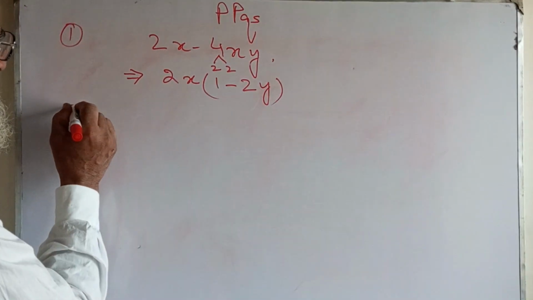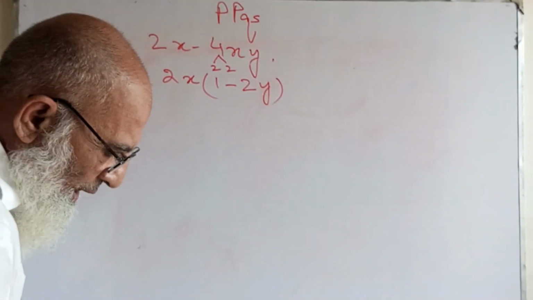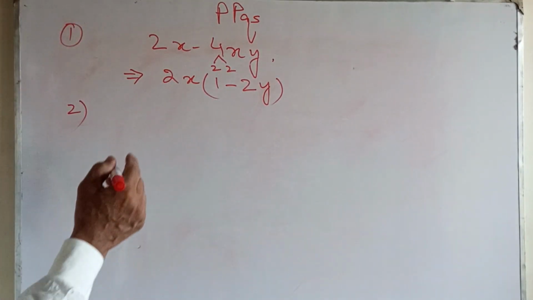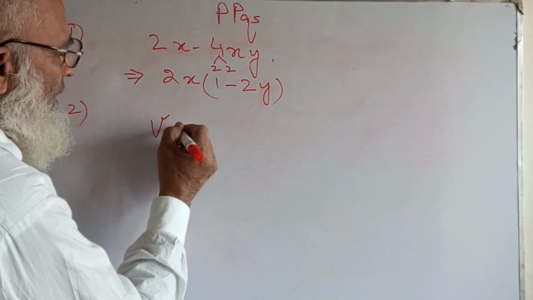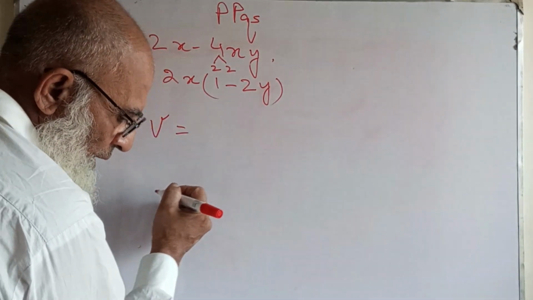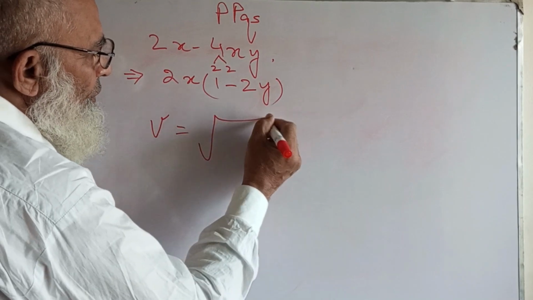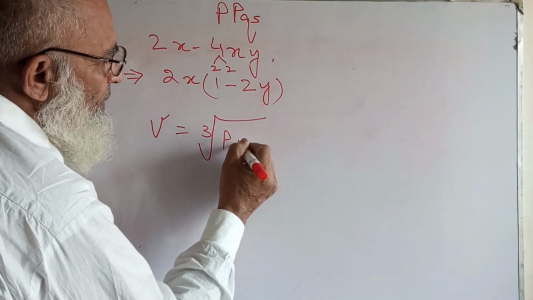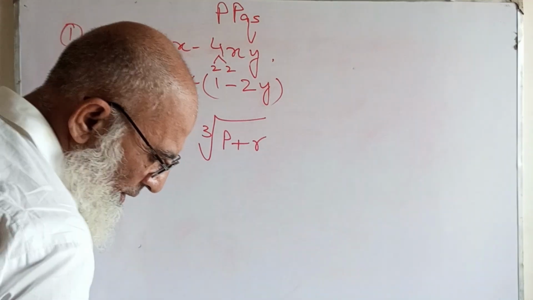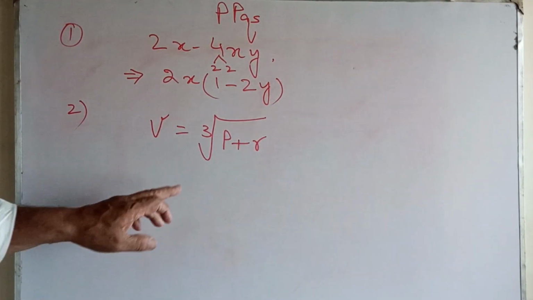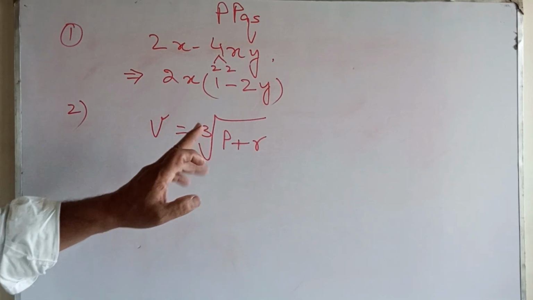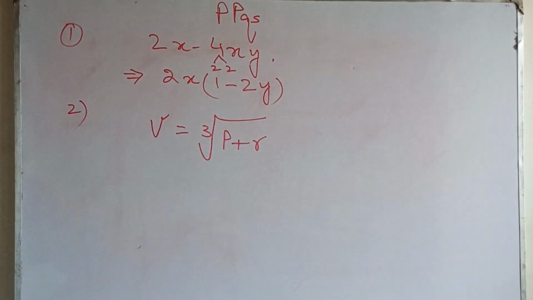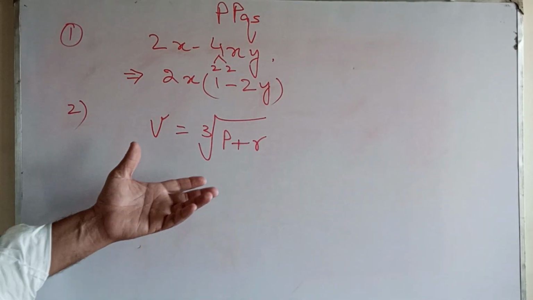Now question number 2. Make R the subject of this formula. The formula is given, V is equal to cube root of P plus R. As I told you, when the root index is empty, it means it is the square root, unless otherwise specified.